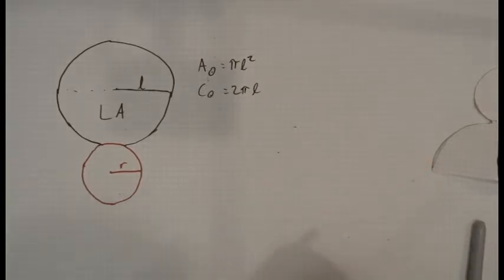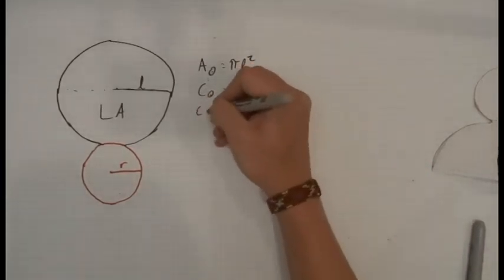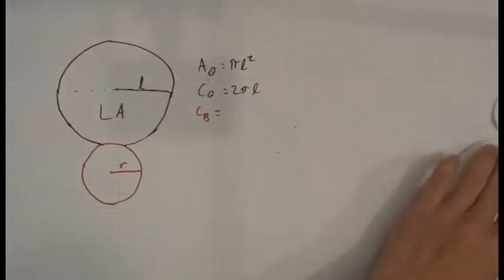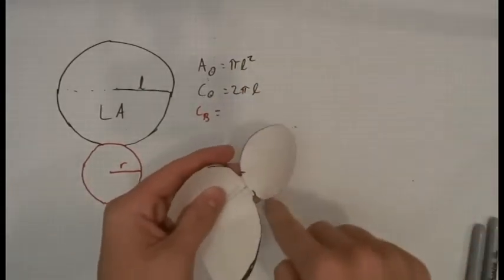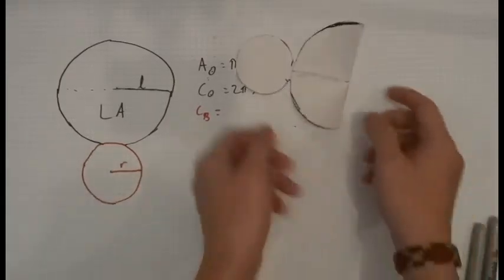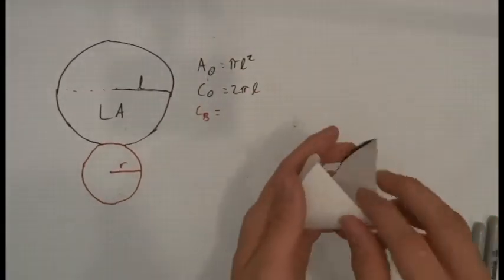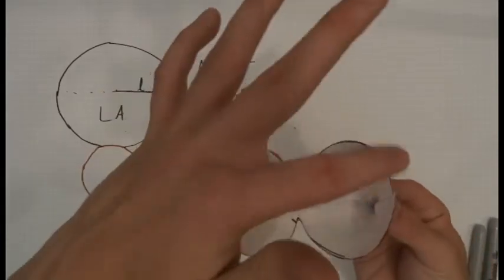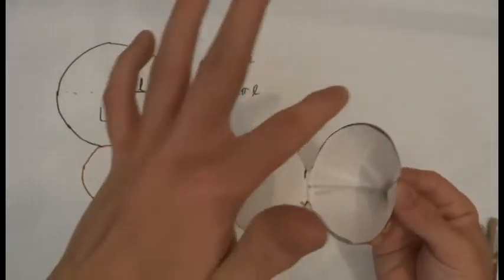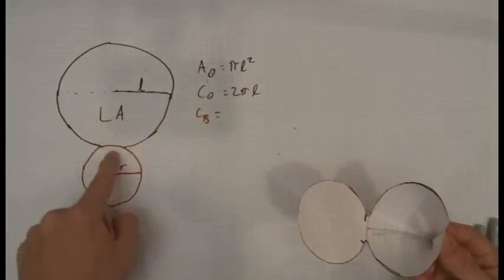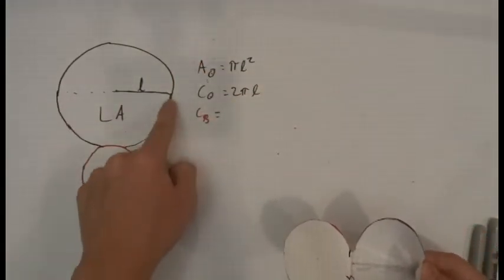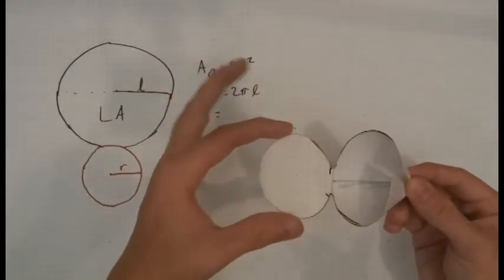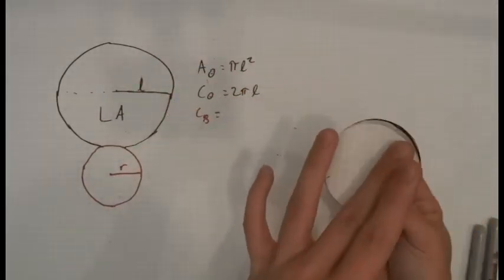And now we're going to need the circumference of the base. And our circumference of the base right here is actually equal to the part of the lateral area around the bottom. So that would be this part right here. This arc length right here is the same thing as the circumference of our base, as we can see from right there.